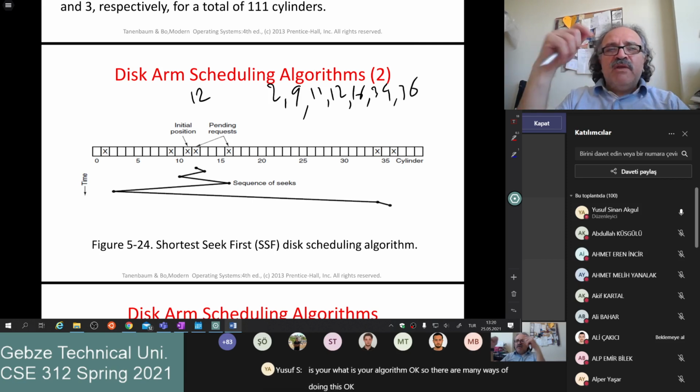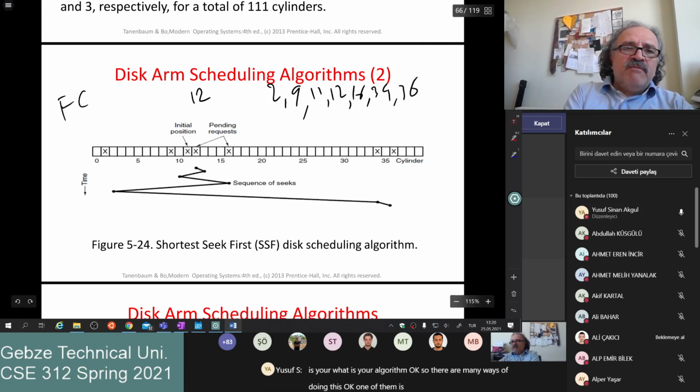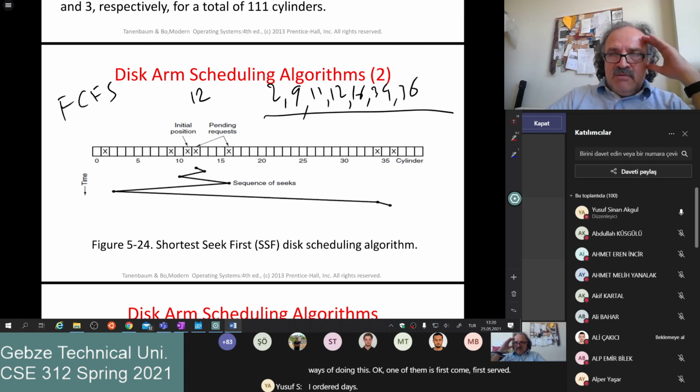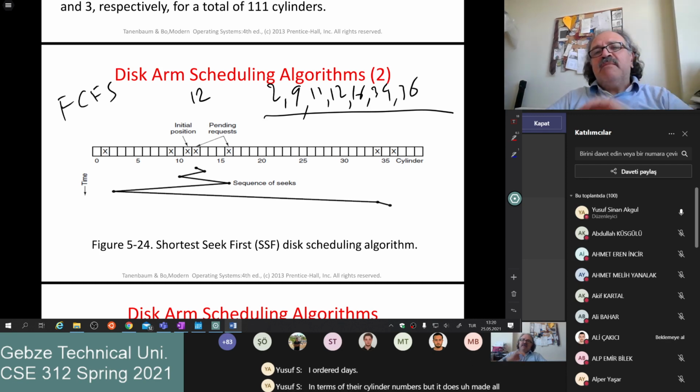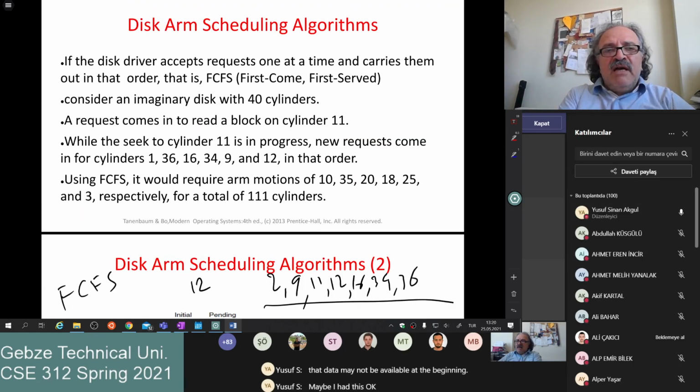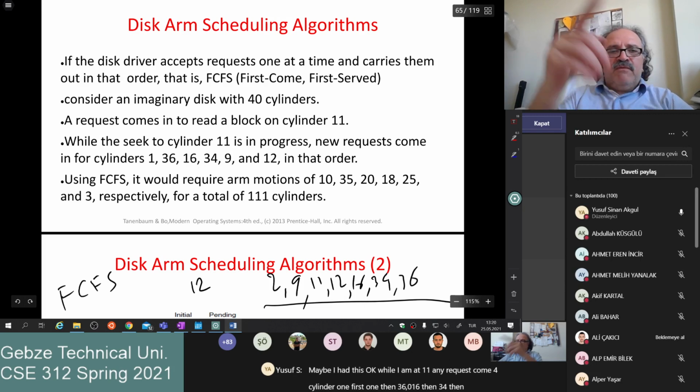One of them is first come first served. I ordered these by cylinder numbers, but all that data may not be available at the beginning. Maybe while I am at 11, new requests come for cylinder 1 first, then 36, then 16, then 34, then 9, and then 12.